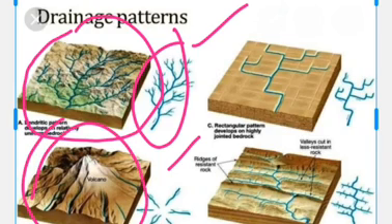Then you have the trellis pattern, where the tributaries meet each other at right angles. And centripetal, I didn't get the picture of the centripetal drainage system. It's when the rivers discharge their water from all directions into a lake or depression. So the river comes down and falls into a lake or a depression. That kind of drainage pattern is known as the centripetal drainage.